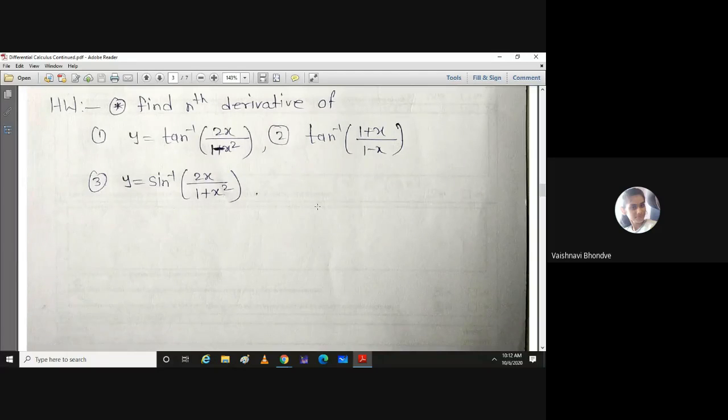If it is minus, then the substitution could be x equal to sine phi. But if it is minus, you don't know the nth derivative of sine inverse x, right? So it is plus.